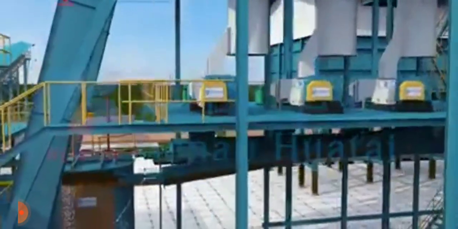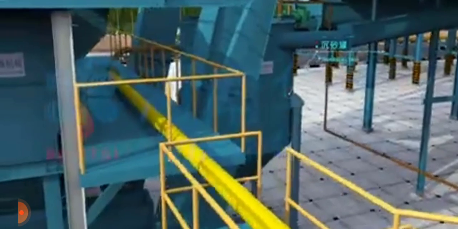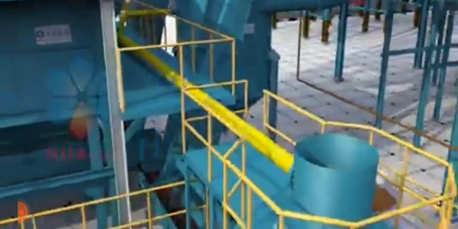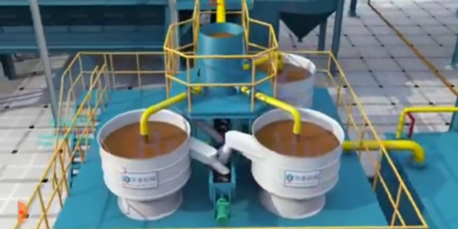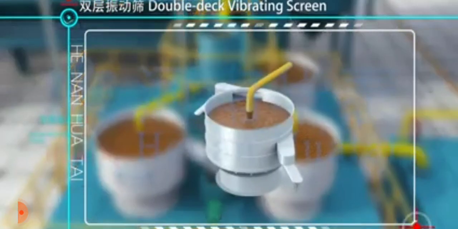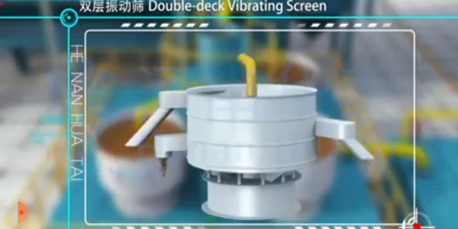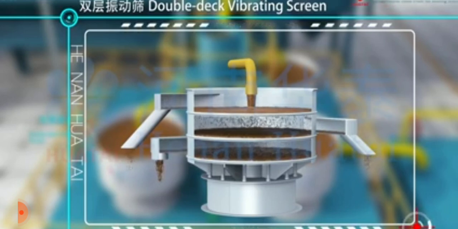Crude palm oil settles down in the sand trap tank and enters the double deck vibrating screen. Through the double deck vibrating screen, impurities are separated and collected.